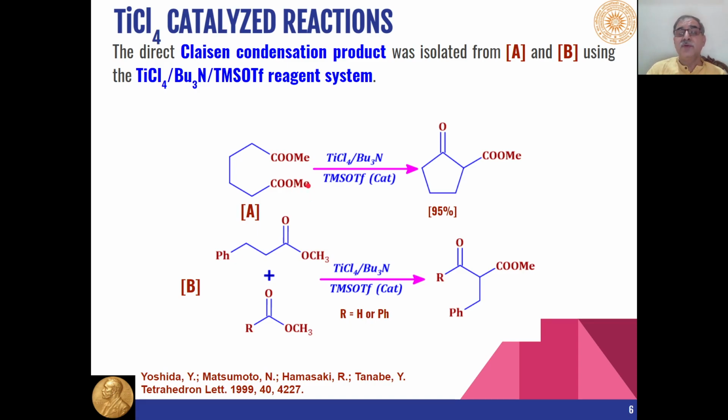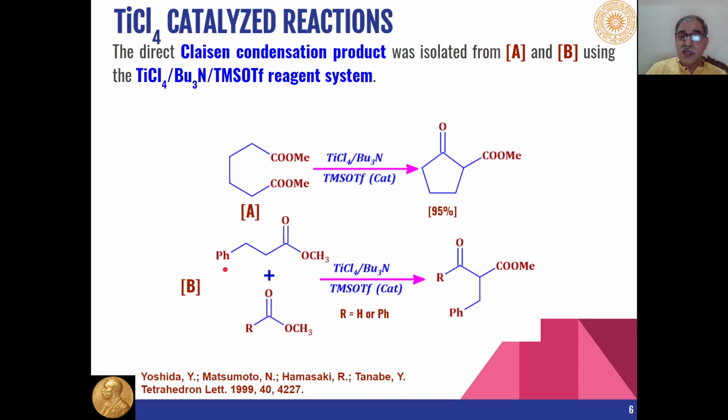So methoxy from here and H from here, this will undergo cyclization to give us these types of alpha carbomethoxy ketones as the product.